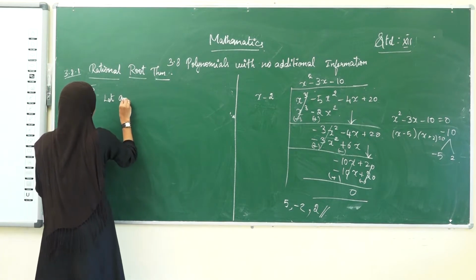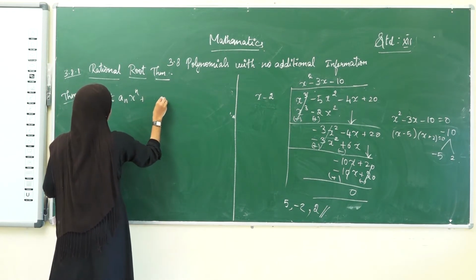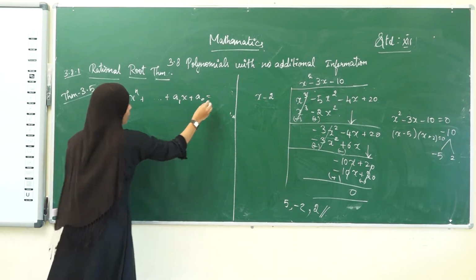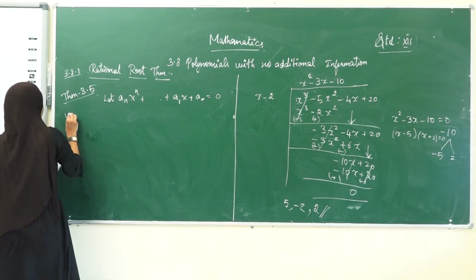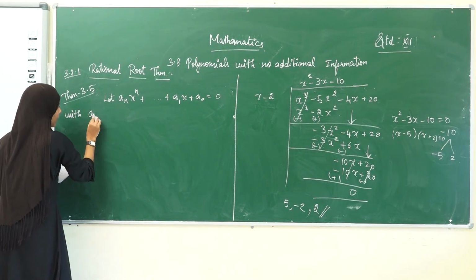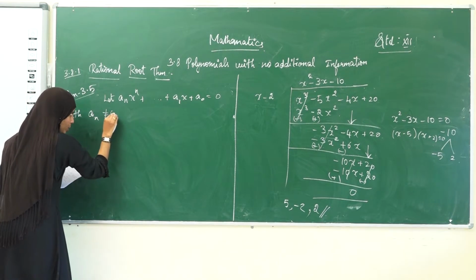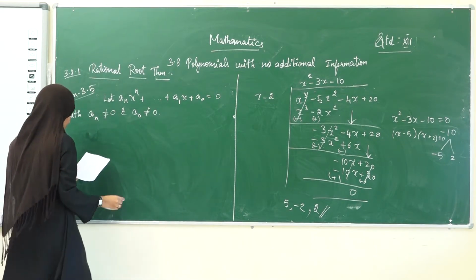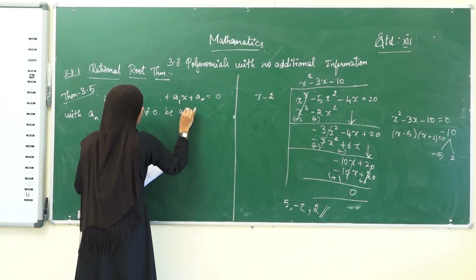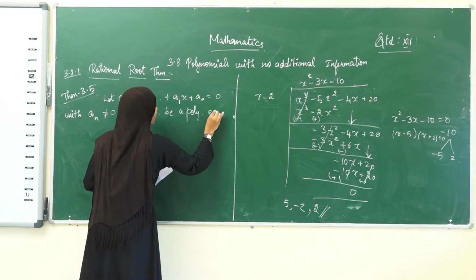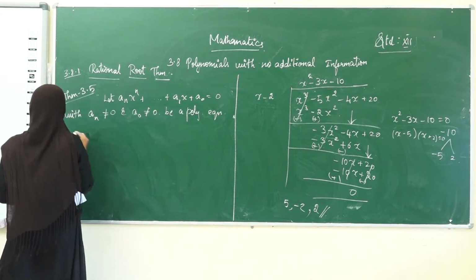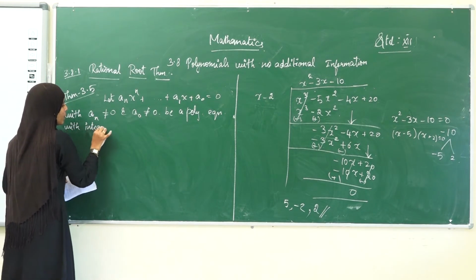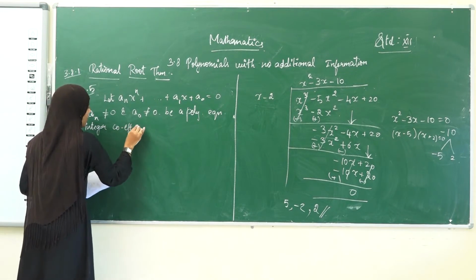Let a_n x^n plus, up to, etc., plus a_1 x plus a_0 equal to 0, with a_n not equal to 0 and a_0 not equal to 0, be a polynomial equation with integer coefficients.